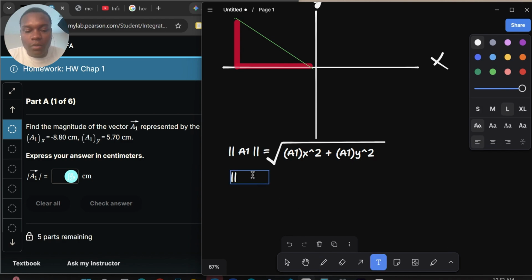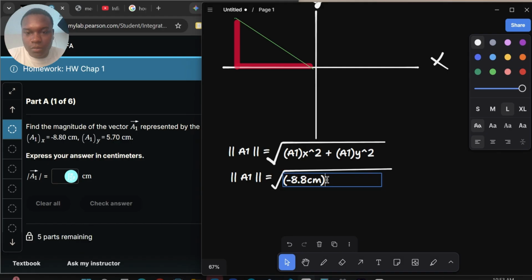A1 equals the square root of negative 8.8 centimeters squared plus 5.7 centimeters squared.